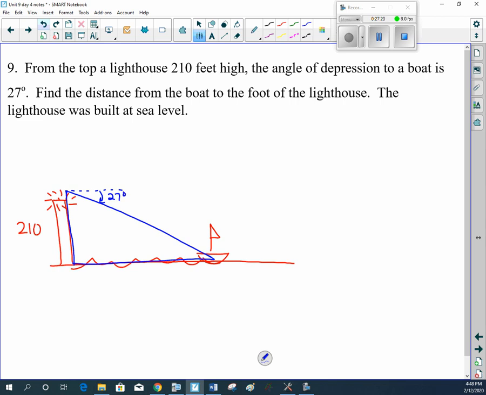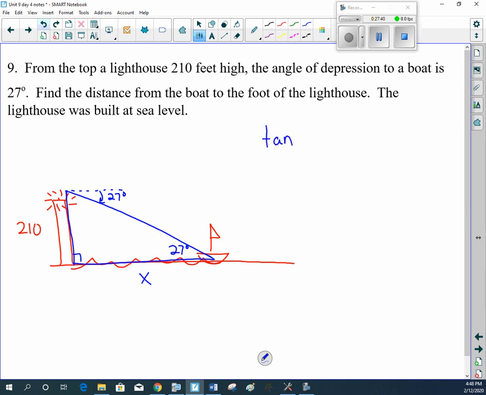The 27 degrees, if I draw it as an angle of depression, doesn't turn out to be in my triangle. So if I move it to an angle of elevation, it is in my triangle. And now I can pick a trig function to find out the distance the boat is from the foot of the lighthouse. So I think I'll do tangent.